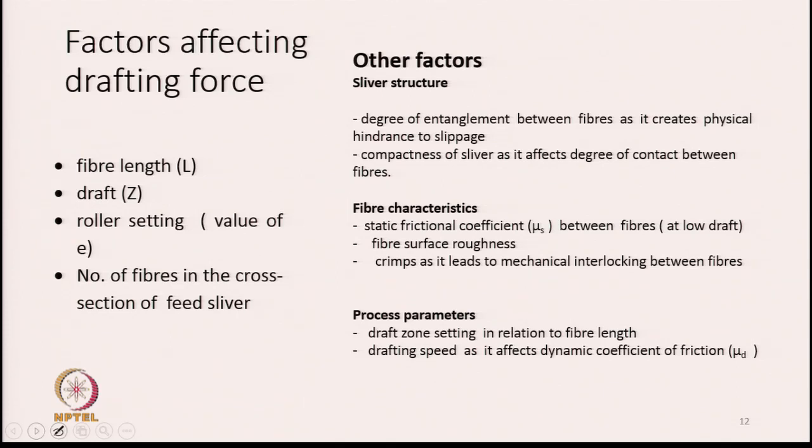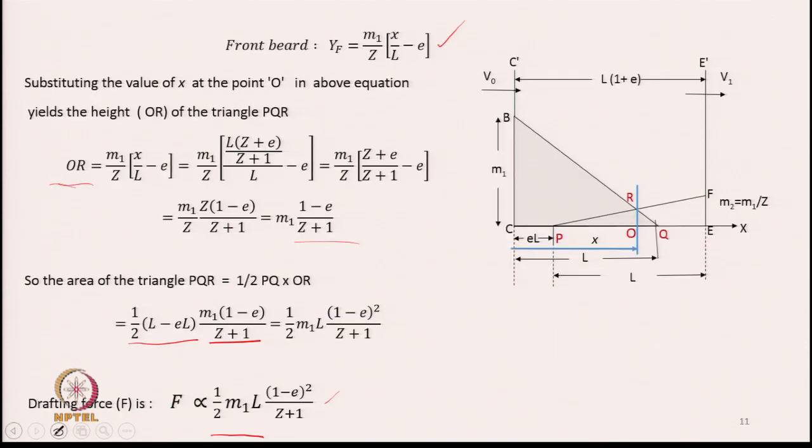One is the fiber length L, the other is the draft value Z, the roller setting represented by E, and the number of fibers in the cross section of the feed sliver. All of them, as we see in the previous slide, are going to affect F, and if you know the location of these parameters, whether they are in the numerator or denominator, you can understand how they are going to affect F.